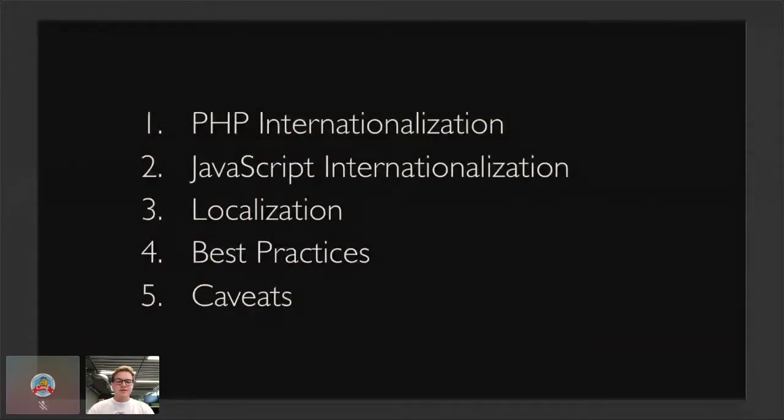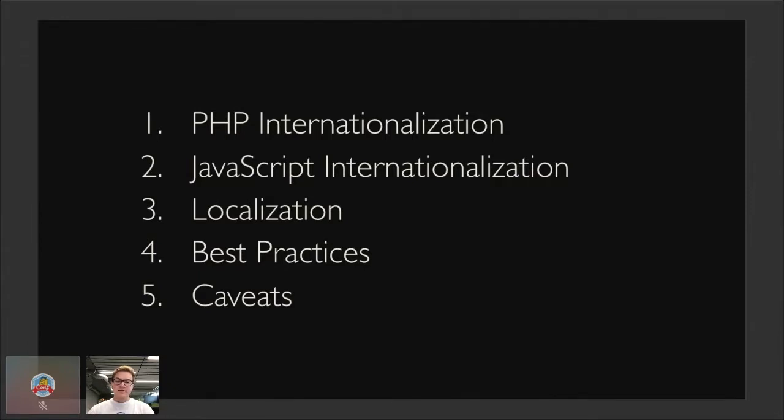Because even if you create just a custom block for Gutenberg, you still have to have these PHP files to register all your scripts and styles and have some other areas there to actually load your translation. So we're going to cover the bare fundamentals that are needed to have fully functioning internationalization on the PHP side.